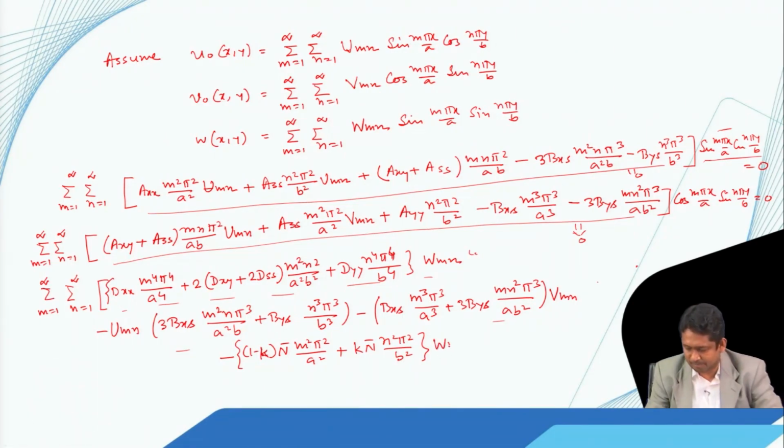So this is Wmn, and then it is multiplied with the trigonometric function sin m pi x by a sin n pi y by b and equal to 0.